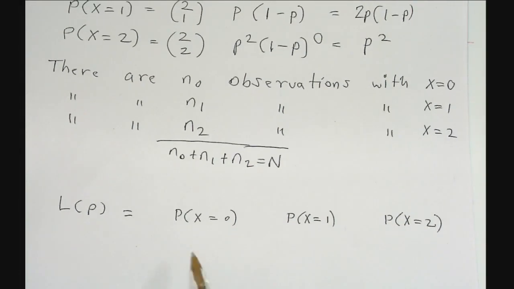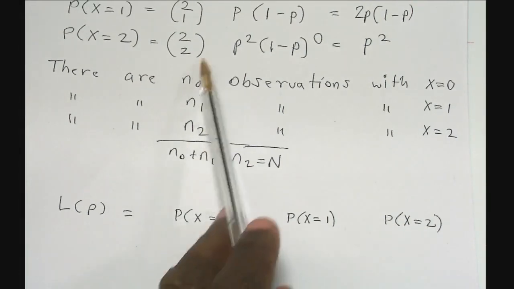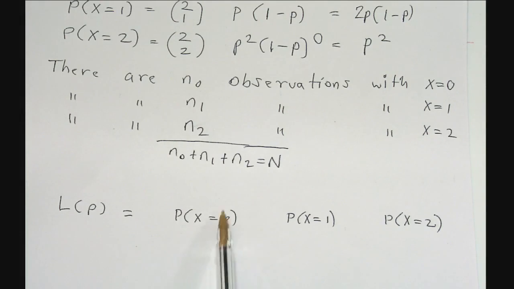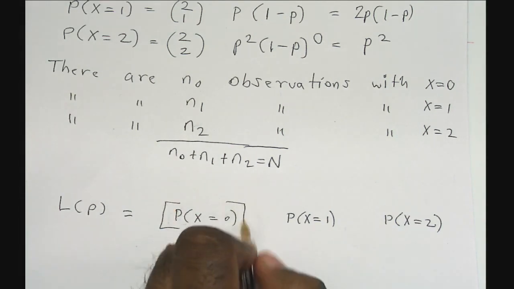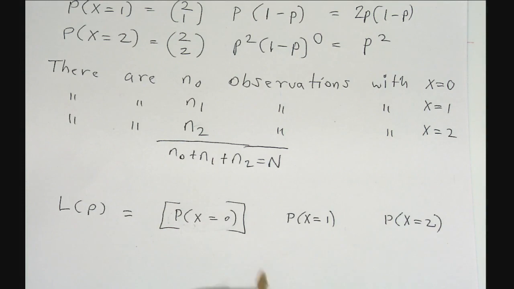But there are n0 observations taking the value x equal to 0. This is just the probability for a single x equal to 0, so you need to find the corresponding probability. You need to raise this to the power n0, right?